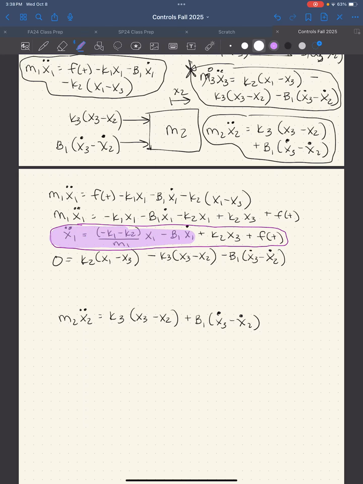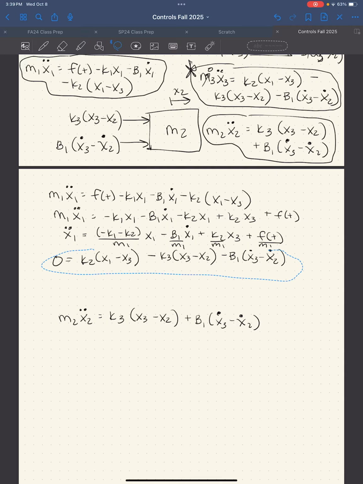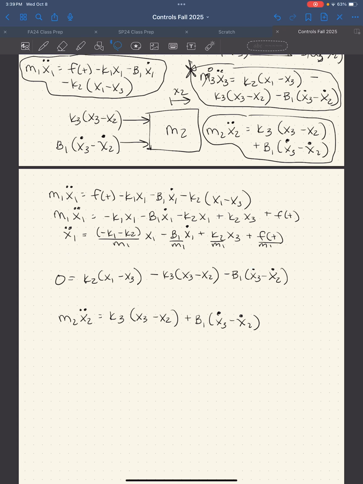Oh, I still forgot to divide by m on all of those terms. That is a bummer. M1, M1, M1. I need a little more space here. There we go. Okay, fixed it.